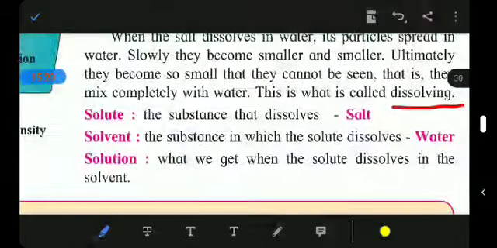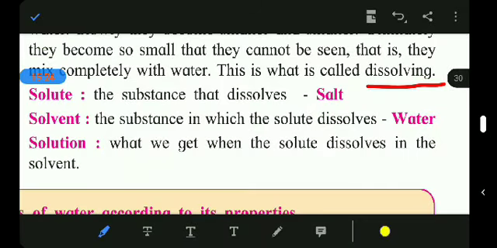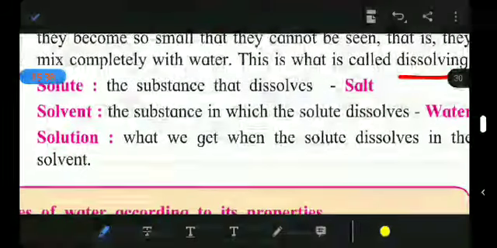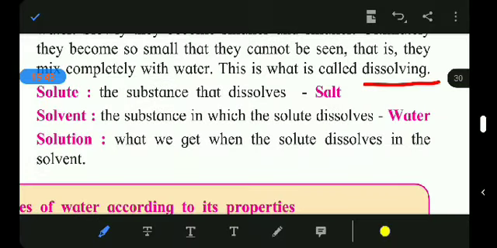Next we have solvent. The substance in which the solute dissolves is called the solvent. The substance in which you are going to place the solute is the solvent. In our salty solution case, the water in which the salt dissolved is called the solvent.